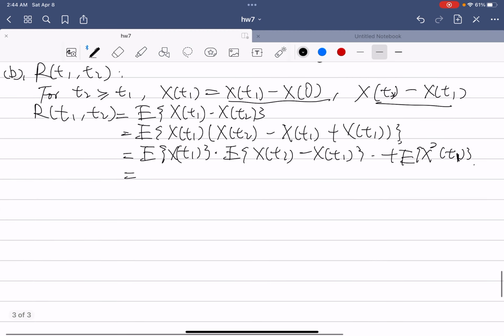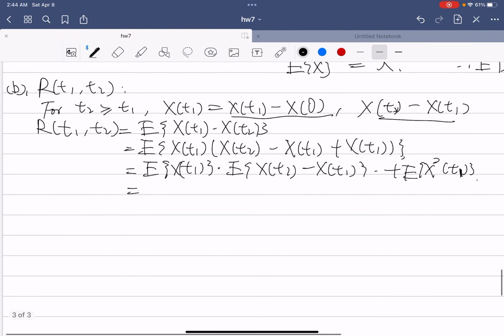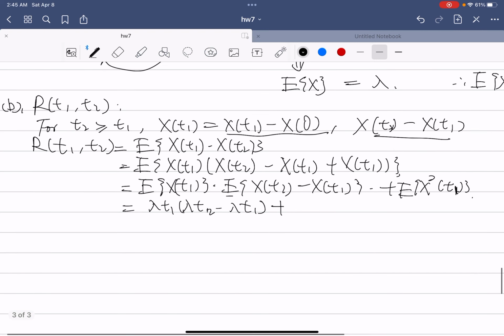We have calculated that the mean of X(T1) is lambda T1, and here it's lambda T2 minus lambda T1, and the second moment is lambda T1 plus lambda squared T1 squared.